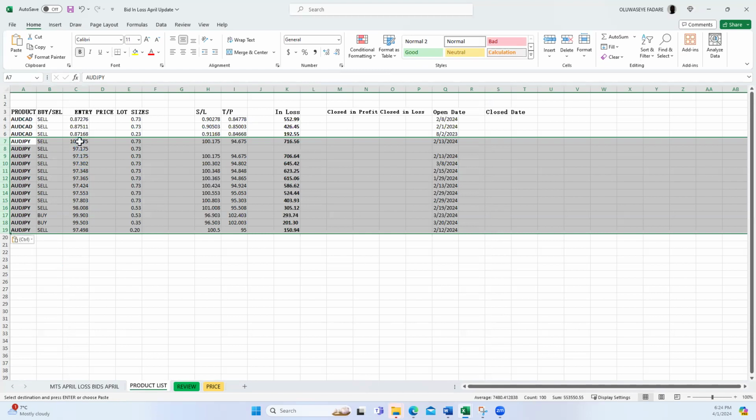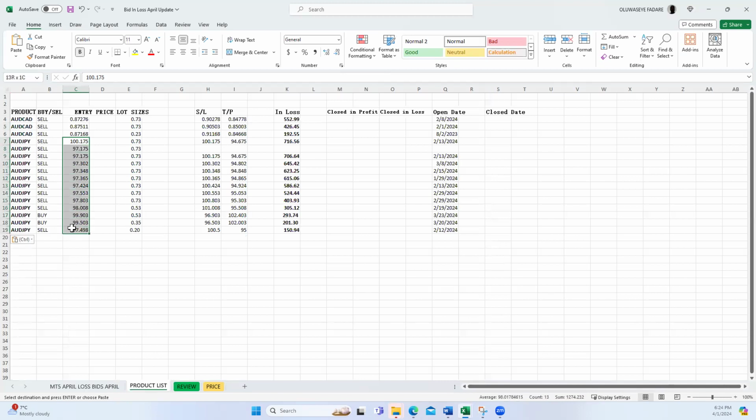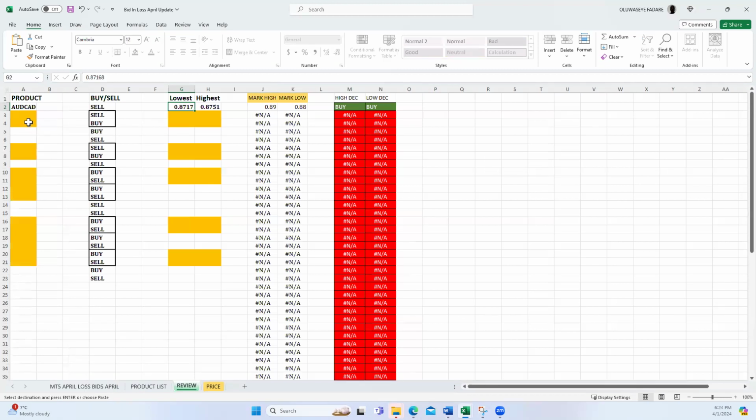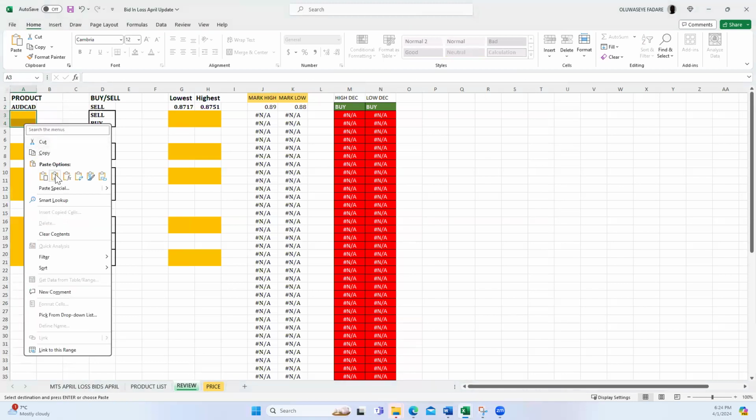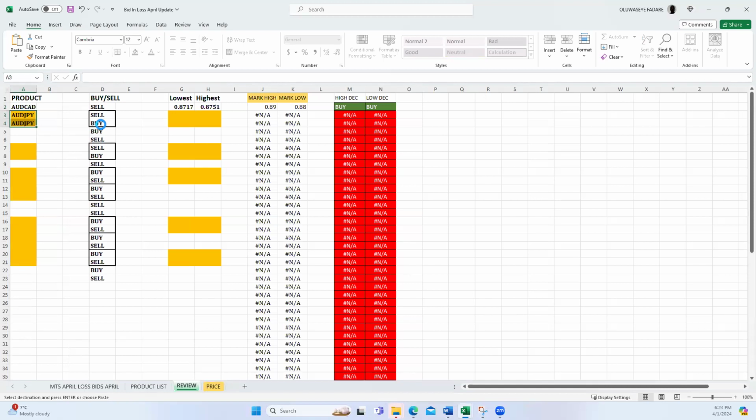From this, you can see we have only two buys. So from the two buys, what is the highest price and the lowest price? So for now, we have AUDJPY, and both of them are sell and buy, which is good. So from our buy, we only have two buys and the other sell.